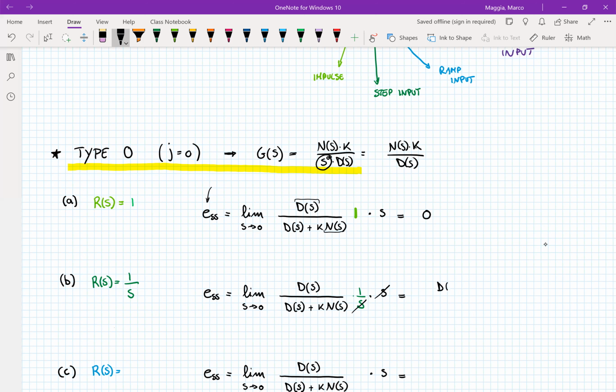We have D evaluated at 0 over D evaluated at 0 plus K N evaluated at 0. And this is a finite number. We can also rewrite this number as 1 over 1 plus K times N at 0 over D at 0. So a type 0 system paired with the step input gives us a steady state value that is finite.